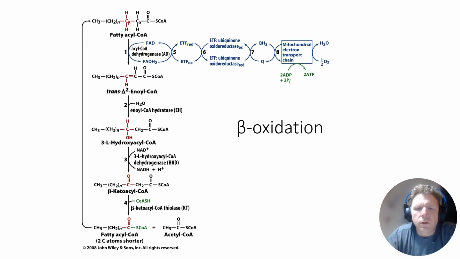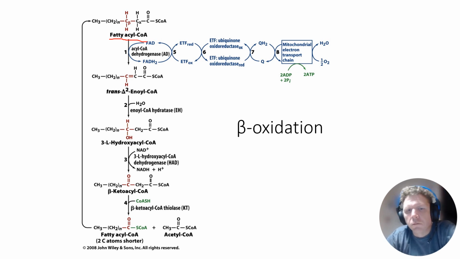So if we look at this slide, this is one of the important slides from what we did before spring break. This was basically taking a fatty acid, depicted here at the top as our fatty acyl-CoA. This is a completely saturated fatty acid, so it has no double bonds. It has a carbonyl carbon, but that's the only place that you have a double bond. Everything after that is totally saturated.